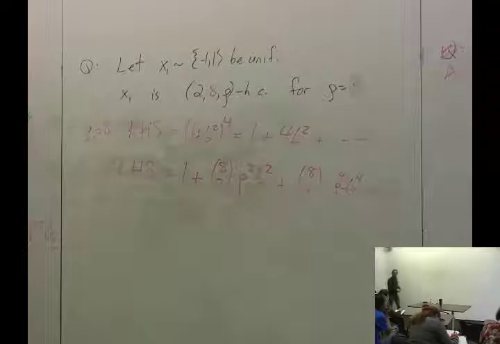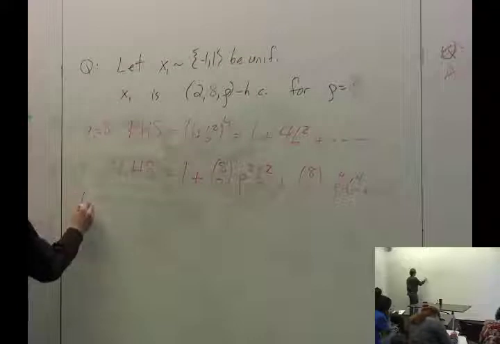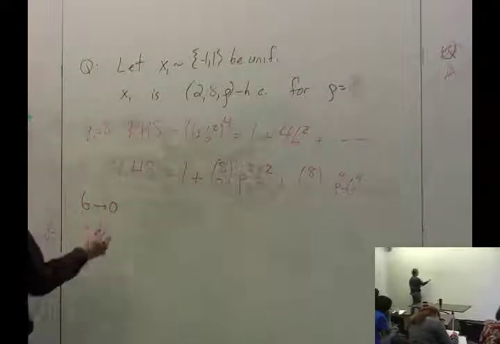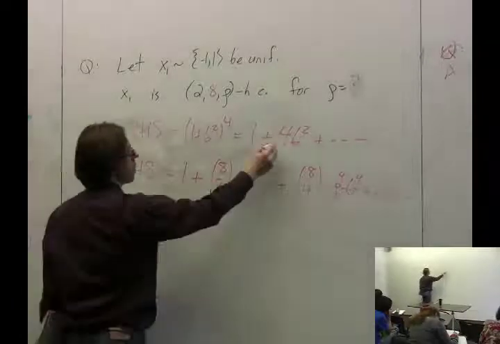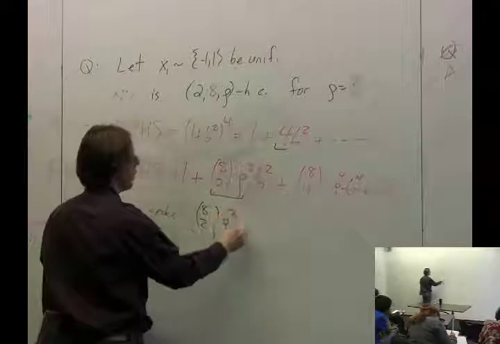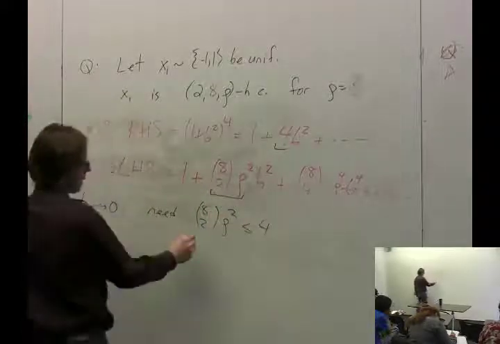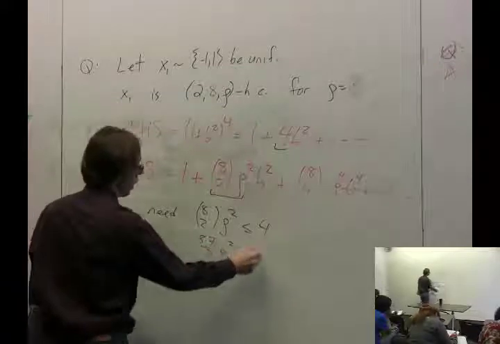Okay, and you can see again, by taking b to 0, you're going to need to have this coefficient at most this coefficient. So you're going to need 8 choose 2, rho squared at most 4. That's 8 times 7 over 2, rho squared is at most 4.